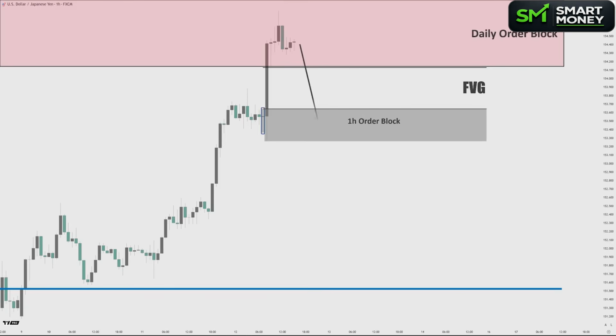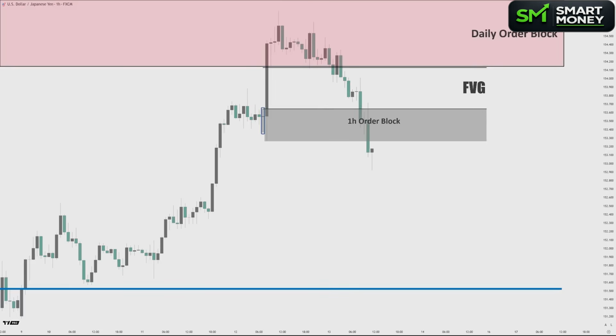When price reaches this 1-hour order block, we expect a battle between supply and demand. If price breaks and closes below the order block, it suggests that supply has taken control. If demand remains in control, price may continue higher and even break above the daily order block. Let's see what happens next.